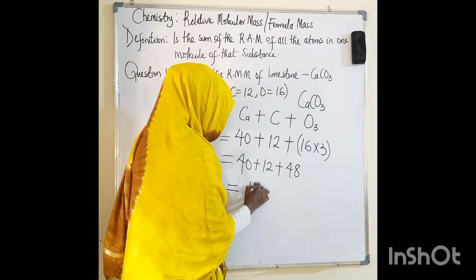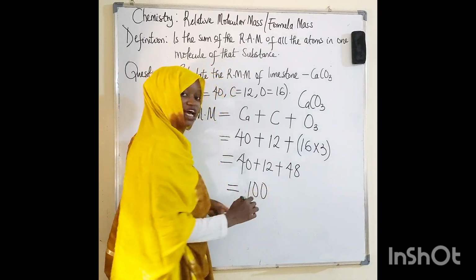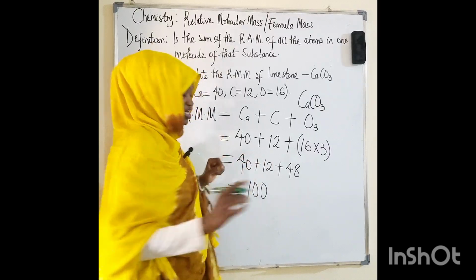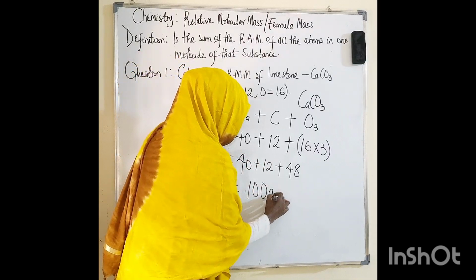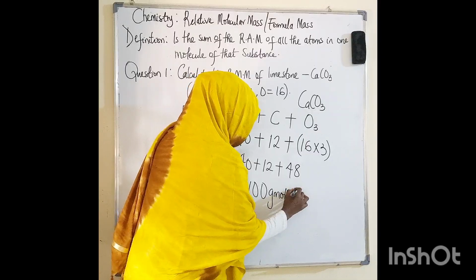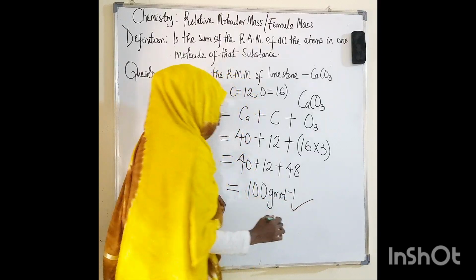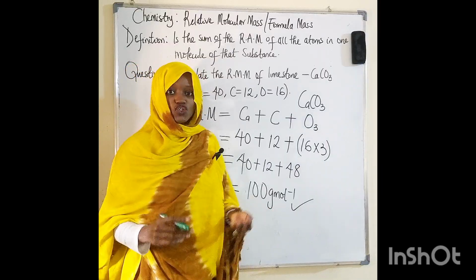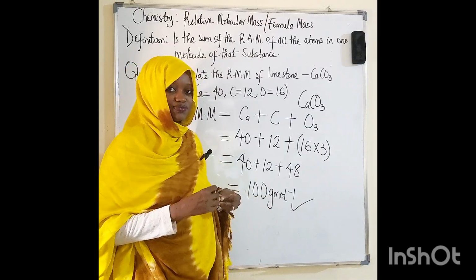So the relative molecular mass of limestone is 100. The SI unit for relative molecular mass is gram per mole. So the relative molecular mass of CaCO₃ is 100 gram per mole. Let's solve another question.